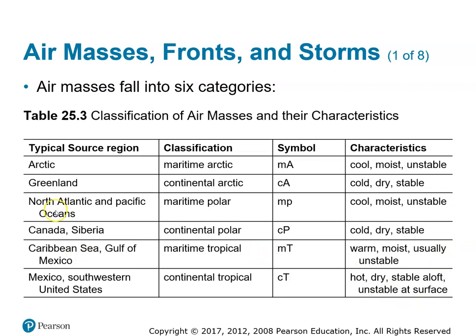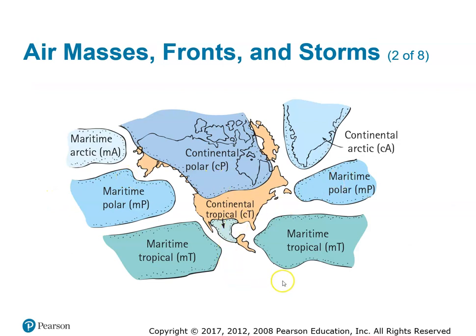All right. And they show you the different places that these happen. That's what this picture is showing you, right? There's maritime tropical down here. The continental tropical is pretty much over the continental United States. Maritime polar, in the Atlantic and in the Pacific.